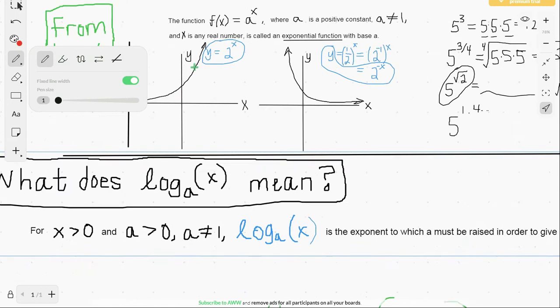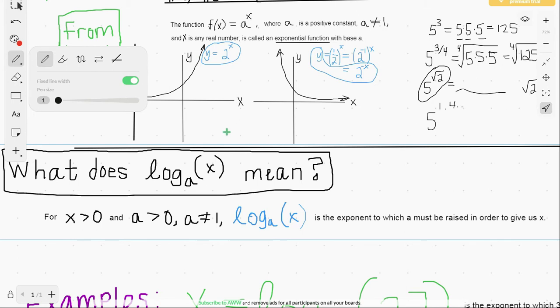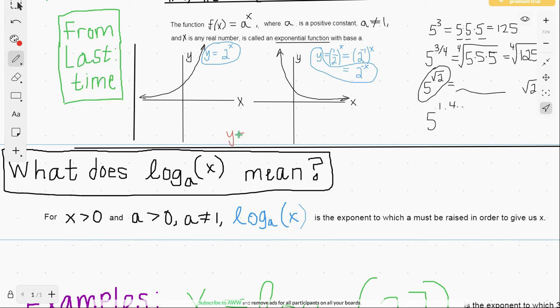I'll write it right here as y inverse, because it is the inverse. The inverse of 2 to the x would be log base 2 of x.